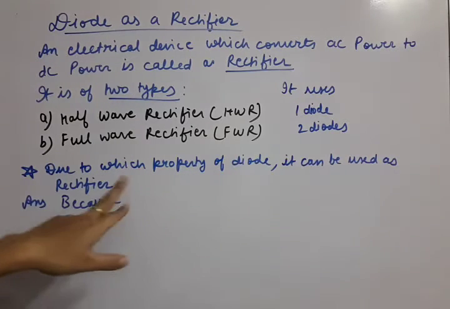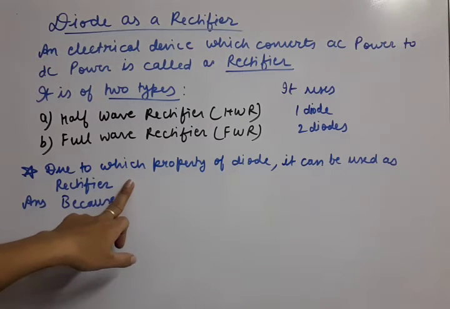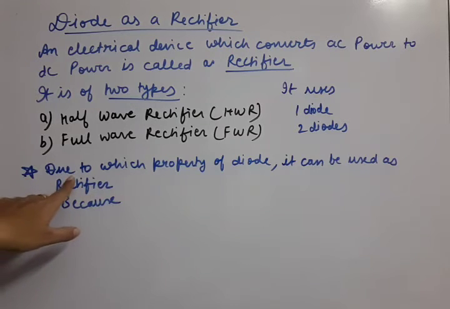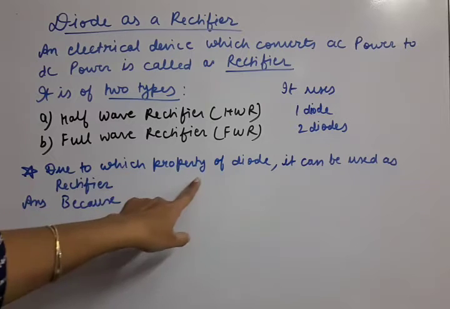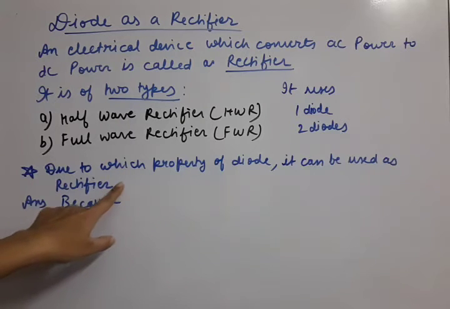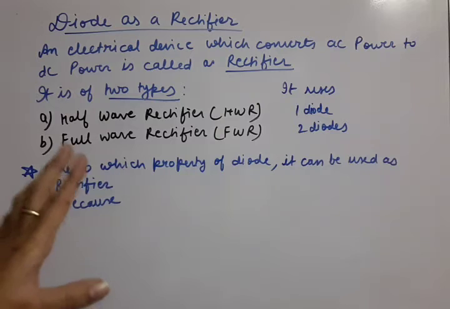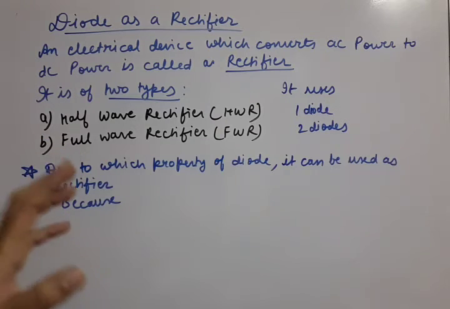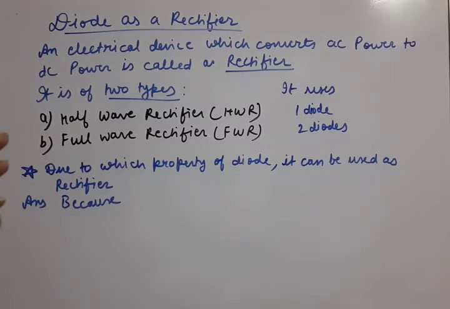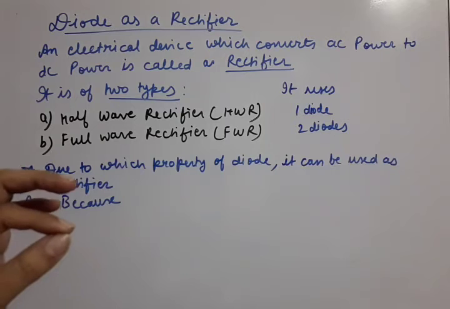Now, what is the property which allows us to use the diode as a rectifier? One question can be asked in the board paper: due to which property of the diode can it be used as a rectifier? Students, you must have noticed that in forward and reverse biasing, practically the diode conducts only during forward biasing.